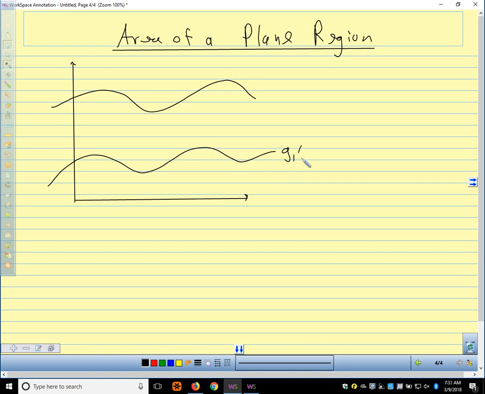I'm going to call this G1 of x and G2 of x. And we want to find the area of this region between x equals a and x equals b. Now, we have a technique for doing this already. But what we want to do is apply what we're thinking about with iterated integrals to come up with an interpretation of the iterated integral.